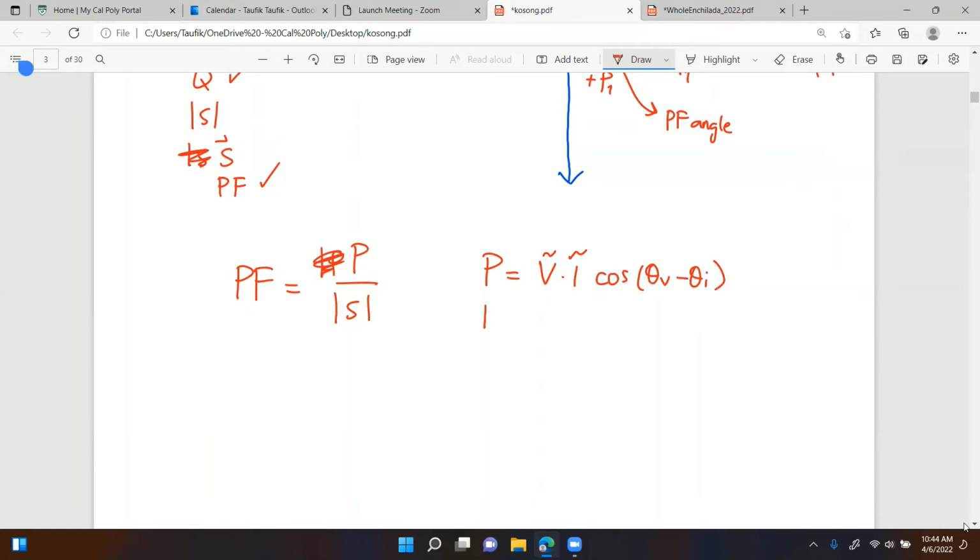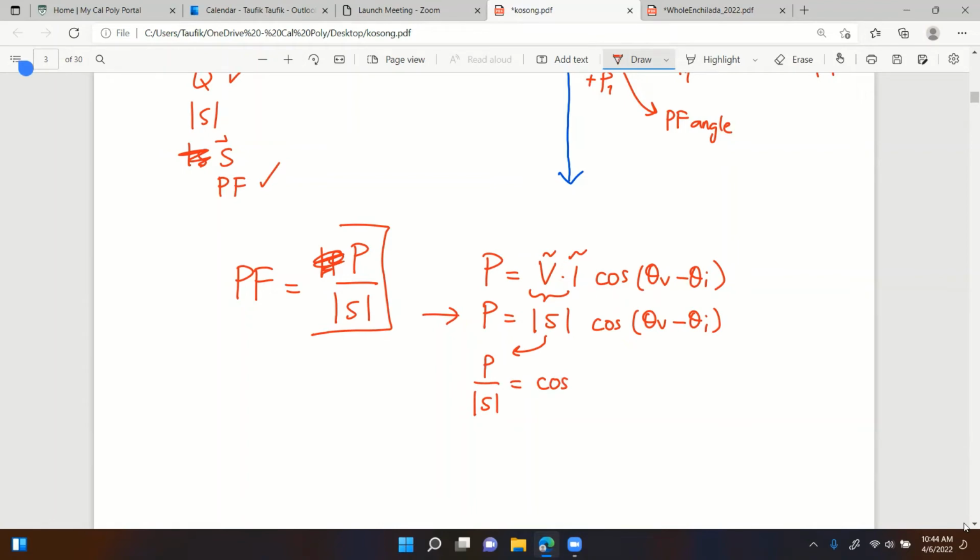And we learned earlier that VRMS times IRMS is none other than our apparent power, right? Now notice that from this equation right here, I could get the ratio of P over S. I move S to the left-hand side of the equation, I get P over S. And look at what happened there.